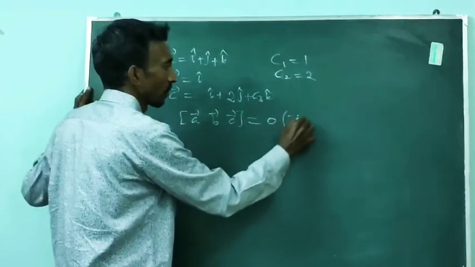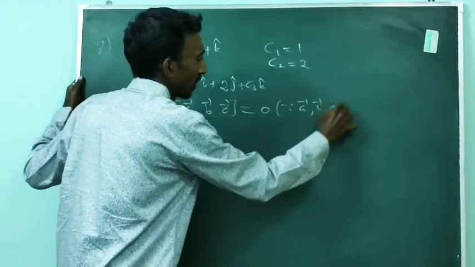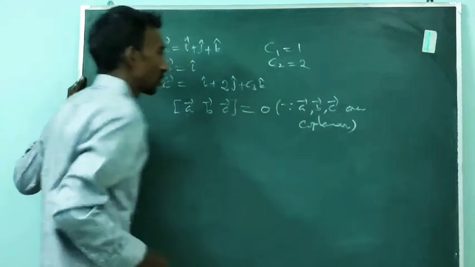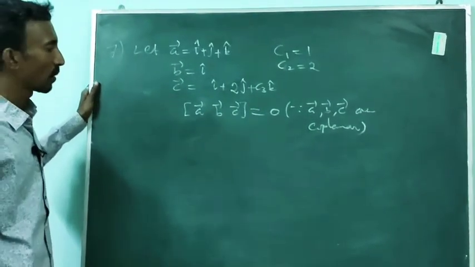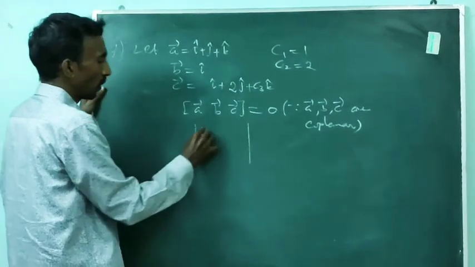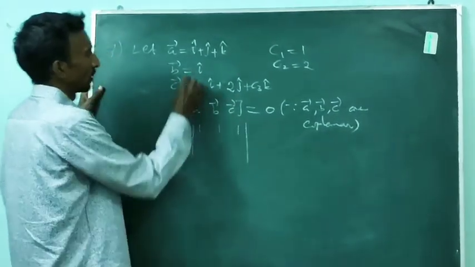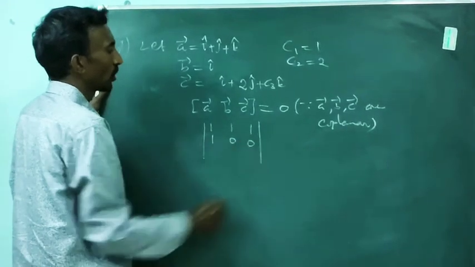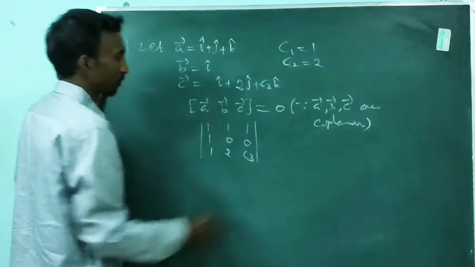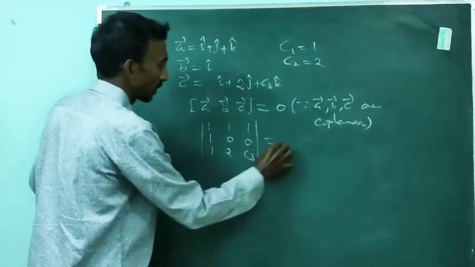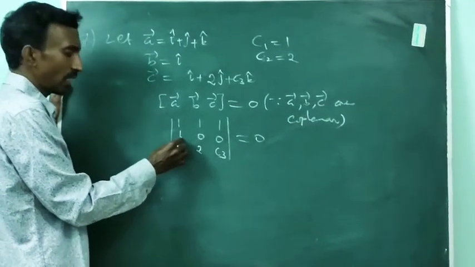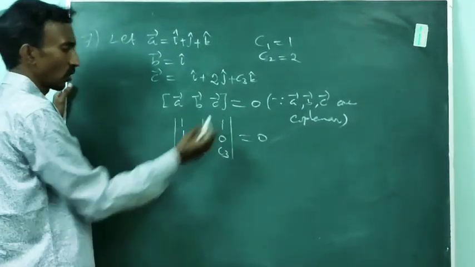Reason: since A vector, B vector, C vector are coplanar, the box product value or scalar triple product is equal to 0. It is nothing but the determinant, first row 1, 1, 1, second row 1, 0, 0, third row 1, 2, C3, equal to 0. If you want, you can expand with respect to the second row, or first row, no problem.